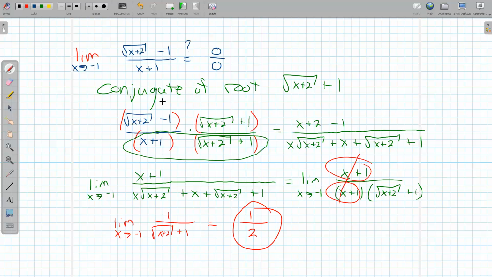In this case, it was multiplying by a conjugate. When you do get a 0 over 0, which we call in mathematics an indeterminate form, it means I don't know what it is yet, but it might be something. In this case, 0 over 0 is a 1/2. And it's different every time. Sometimes it's infinity, sometimes it's 0, sometimes it's pi. It could be lots of things.